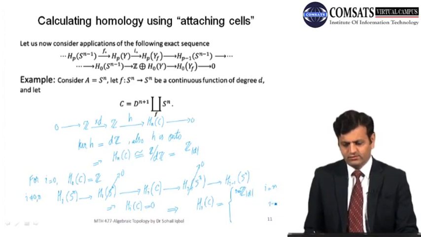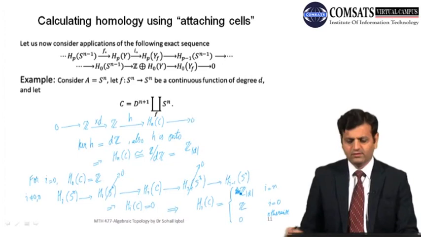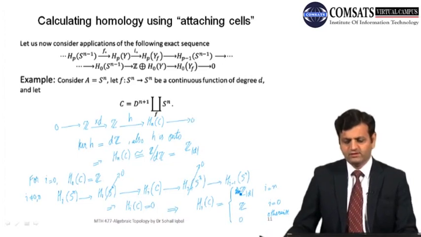When i is equal to 0, this is Z, and this is 0 otherwise. Okay, so using our theorem, we calculated the following homology of the space C.